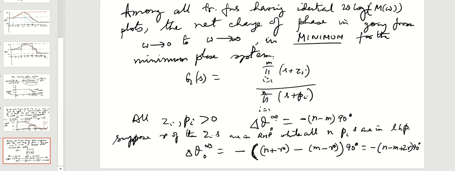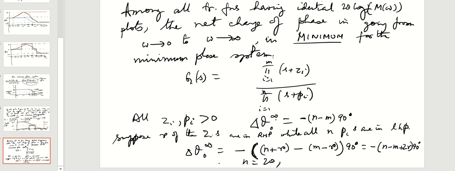So what happens then? If this is a phase contribution, you take the absolute magnitude of this. Suppose n is equal to 20, m is equal to 10, r is equal to 4. So what is this? Then this turns out to be minus 900 degrees.